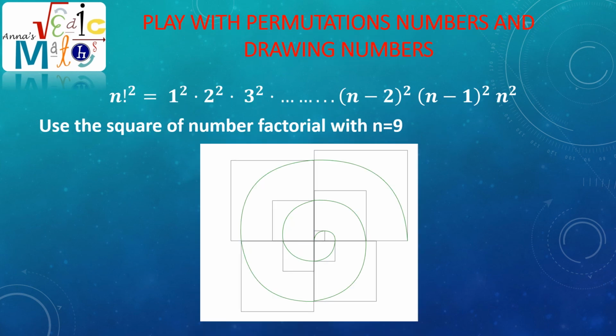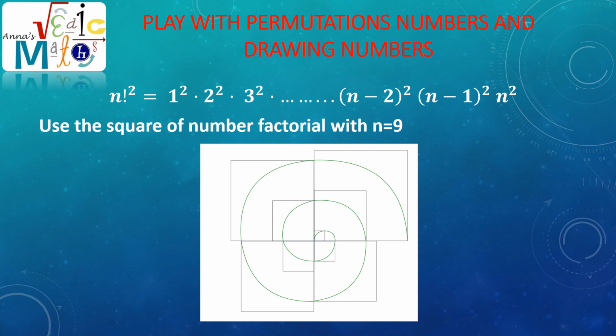What happens if we square the factorial? We have the square of each number. N factorial squared is equal to 1 squared multiplied by 2 squared multiplied by 3 squared and so on until n squared. Now we choose n equal 9.